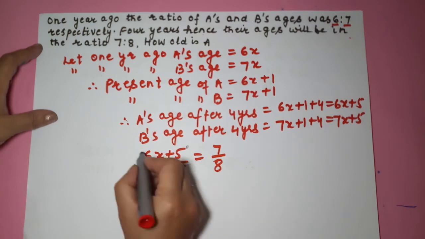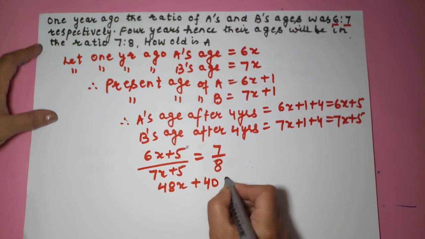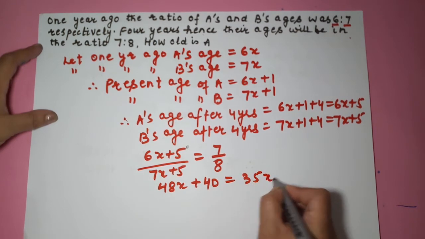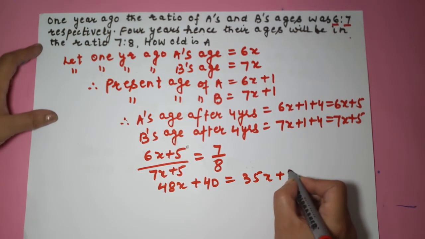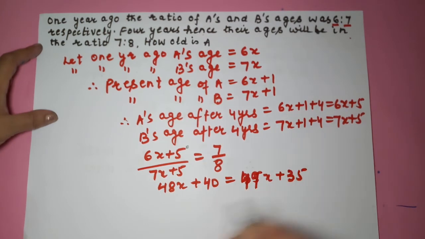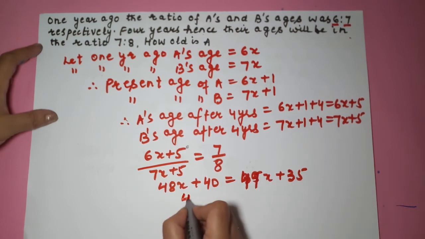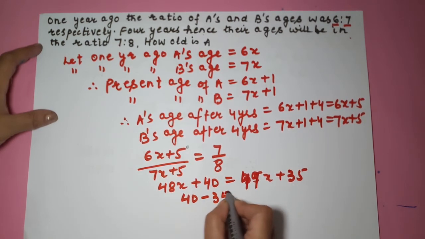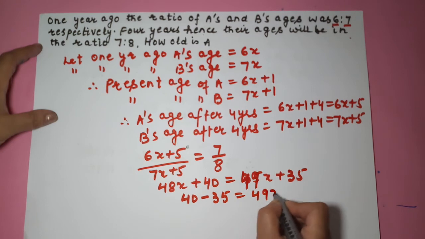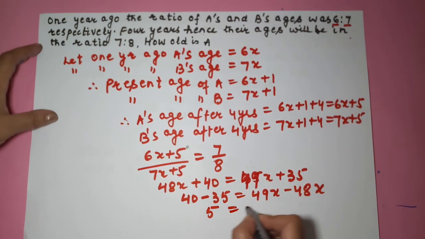Right? Let's cross multiply. We'll get 48x plus 40 equal to 49x plus 35. Right? Okay, let's shift this to this side and this to this side. We'll get 40 minus 35 is equal to 49x minus 48x. So I got 5 is equal to x. I got the value of x.